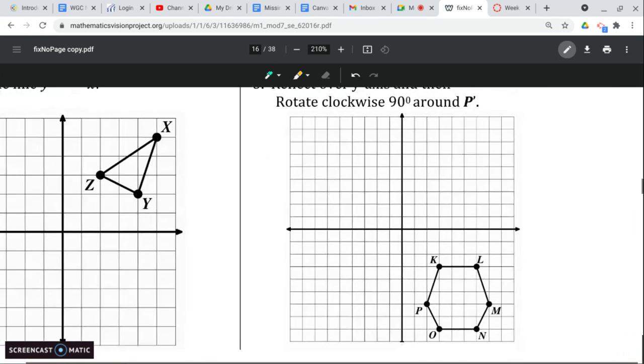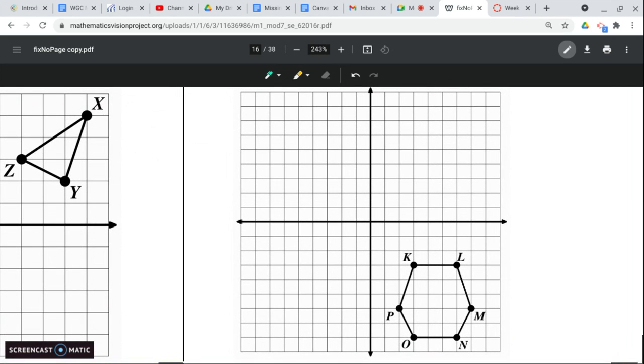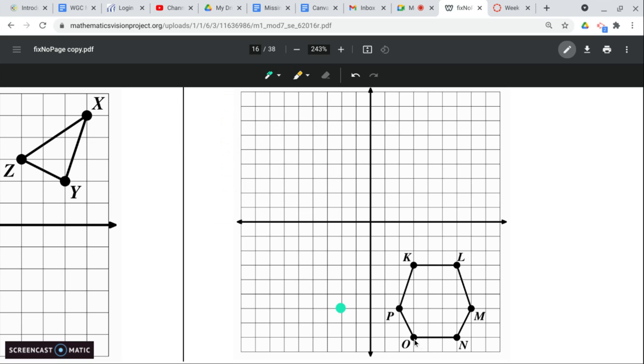So I'm going to zoom this in and make it real big for us. Like I said, we're reflecting over the y-axis first. P is 2 from the y-axis, so we go to the other side. Let me make these bigger. So there's our P prime. O is 3, so we go 1, 2, 3. N is 3 further from O, so 1, 2, 3.